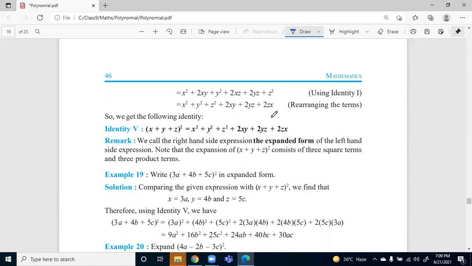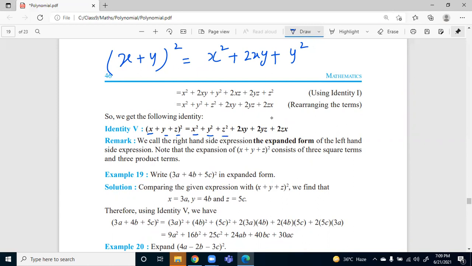I will tell you a very easy way to remember this identity. If we have done x plus y whole square, we have to square both, x square plus y square, and multiply x and y by 2. Similarly, x plus y plus z whole square: you have to do the square of each term, x square plus y square plus z square.